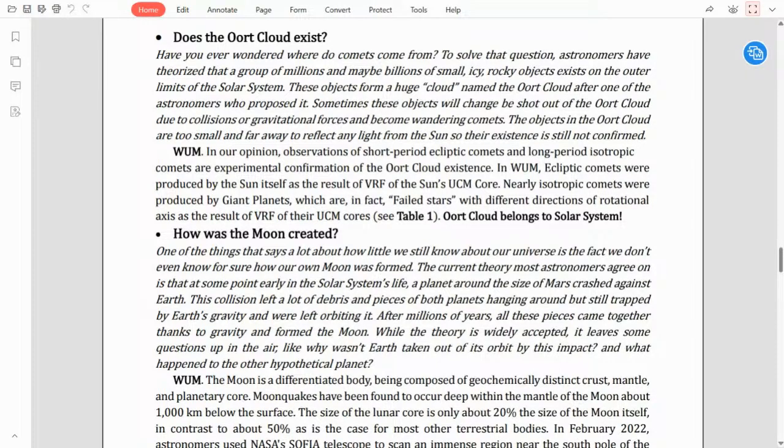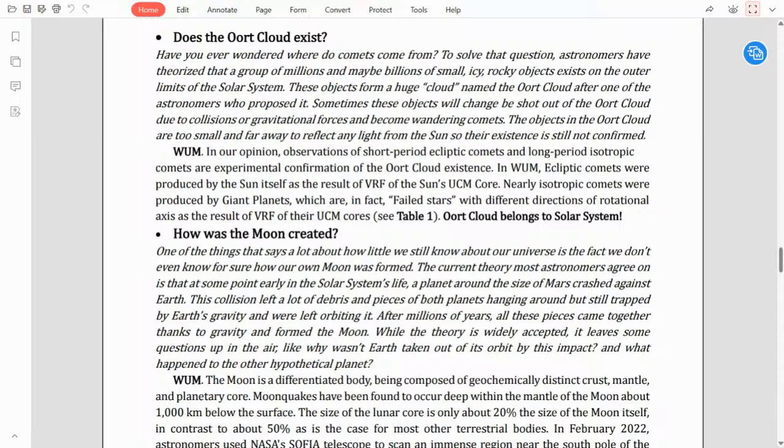Sometimes these objects will be shot out of the Oort cloud due to collisions and gravitational forces and become wandering comets. The objects in the Oort cloud are too small and far away to reflect any light from the sun, so their existence is still not confirmed.